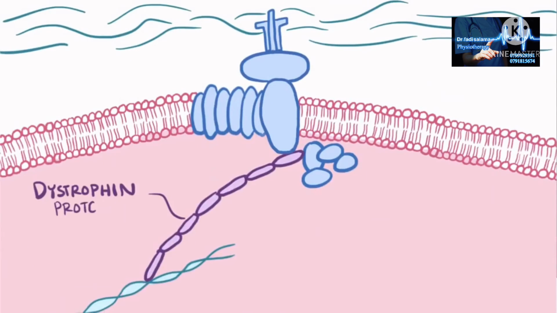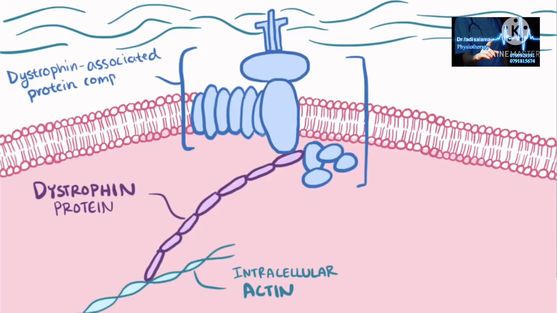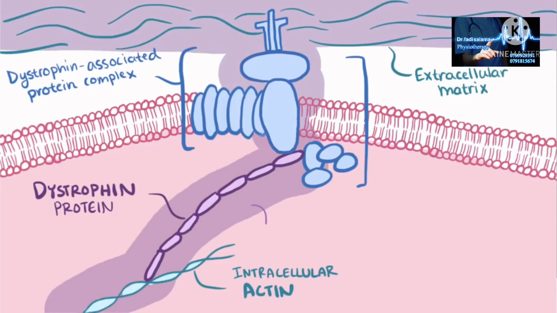Alright, so the dystrophin protein links intracellular actin with the dystrophin-associated protein complex, which is a cluster of cytoplasmic and cell membrane proteins that are anchored to the extracellular matrix around the muscle cell. Making that link between the cytoskeletal actin and the extracellular matrix stabilizes the sarcolemma, or muscle cell membrane, in the same way that a large wooden support beam running along the roof keeps a house sturdy.